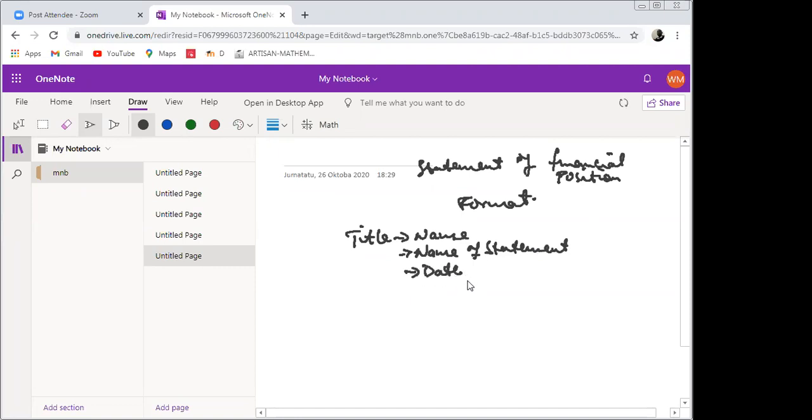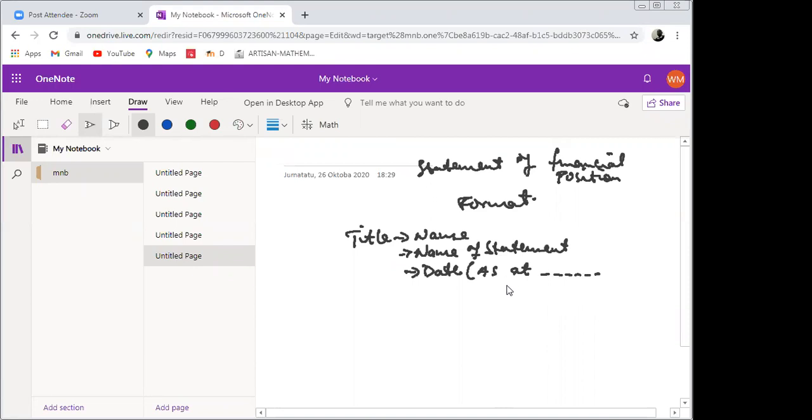The difference between the date format for the income statement and the date format for the statement of financial position is that for the statement of financial position, the date must be captured as at a certain date. It can be as at 31st December 2019, as at 30th June 2015, like that, but you need to capture it as at.